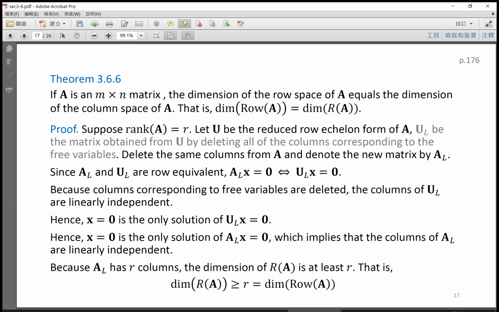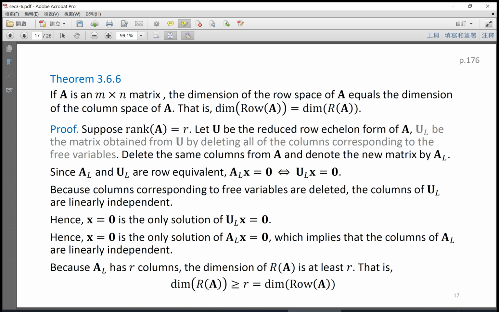Since AL and UL are row equivalent, we know ALX equals 0 and ULX equals 0 have the same solution set. If you are not sure why this happens, you can refer to page 9 of the slides.